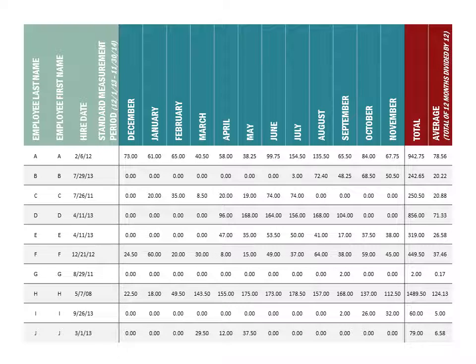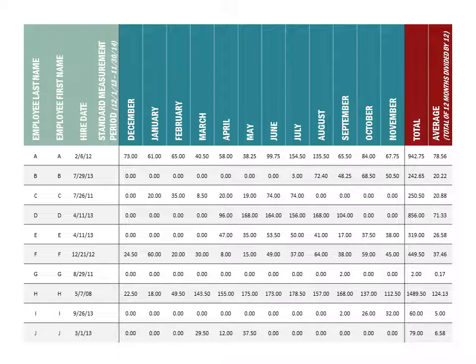And here's an example of how it could technically track. Now this is just an example. I have this here because I've been asked, well, I don't get it, how do you actually do it? So here in the first column we've got the employee's last name, first name, hire date, and what your standard measurement period is and when it starts.